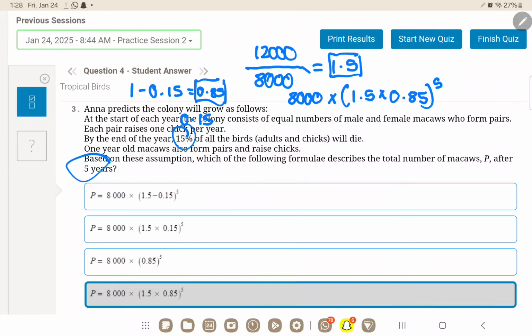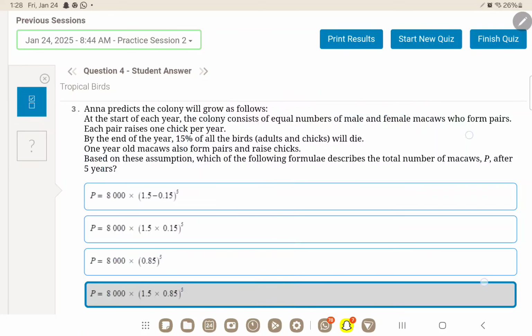The 8,000 we get from the previous part of the question, by the way. And that's your final formula to find over 5 years how many macaws are going to be there: the total number of macaws times their survival rate. And that's it. That's your option.